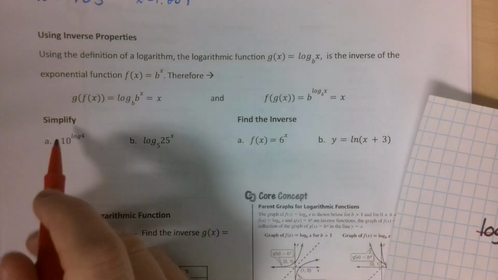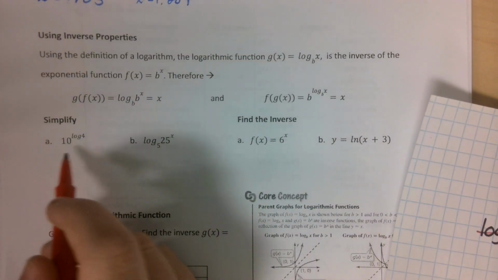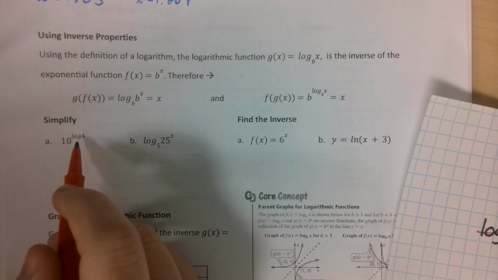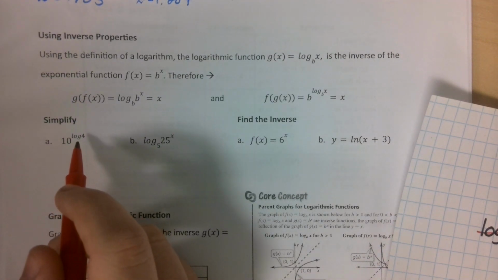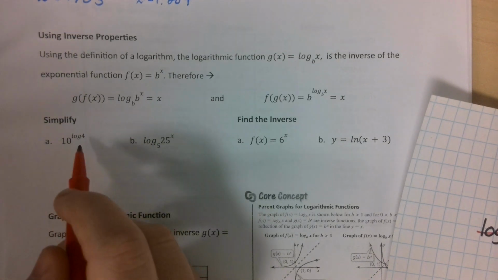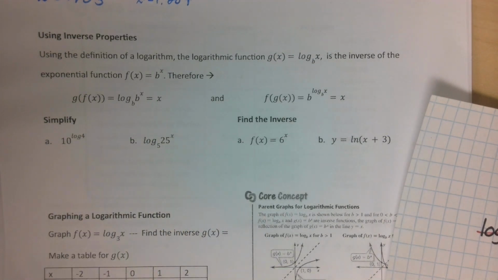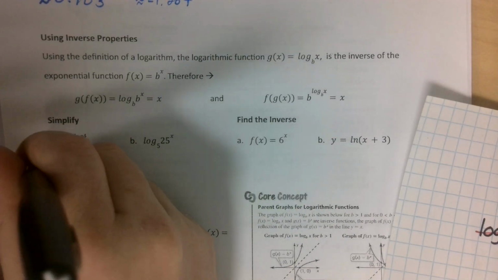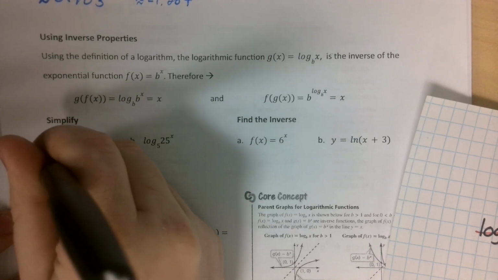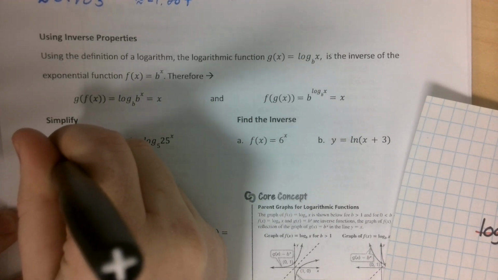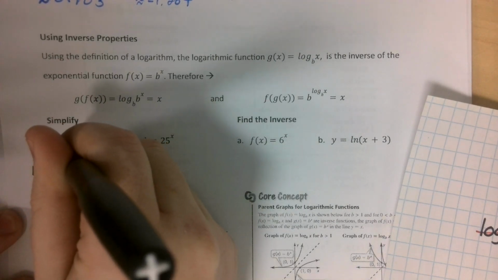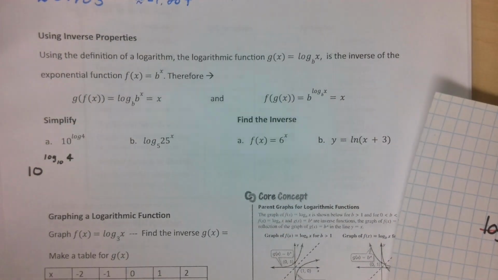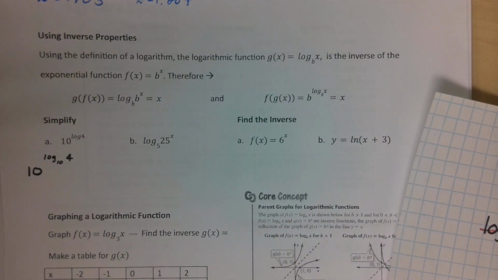We can use a similar thing down here. Let's take a look here. 10 to the log of 4. Hang on a second, that's a common logarithm because it doesn't have a base. It might even be helpful to write it as 10 to the power of log base 10 of 4. But what do we know about exponentials and logarithms?